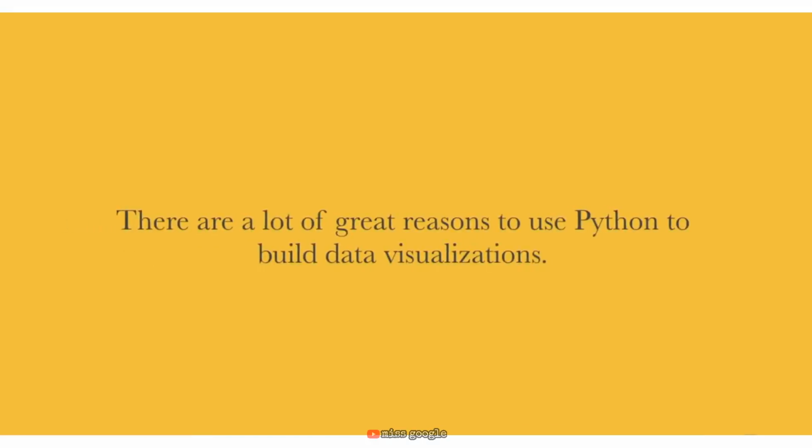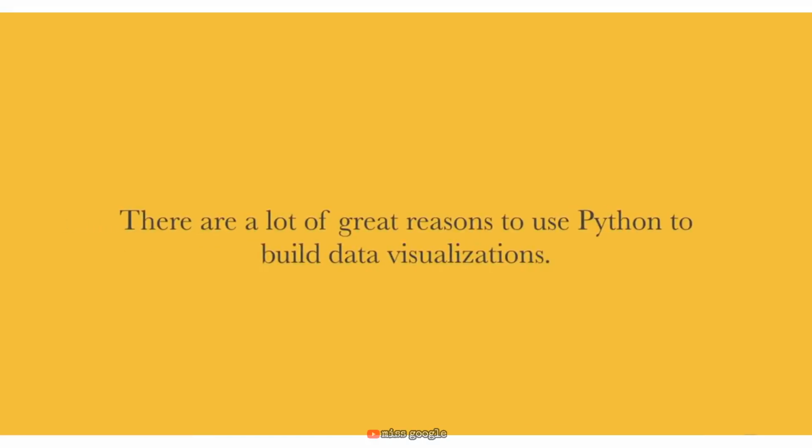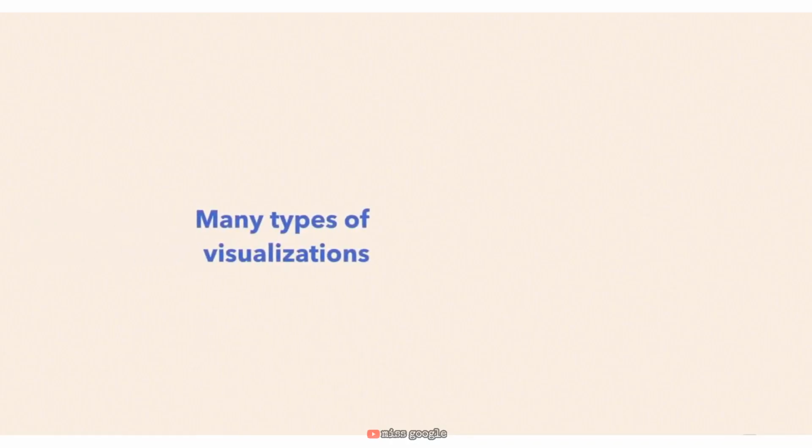There are a lot of great reasons to use a programming language like Python to build data visualizations. First, there are a lot of different types of visualizations you can make, including box plots, bar graphs, line graphs, histograms, etc. Second, using a programming language to build the data visualization allows you to quickly iterate and improve on a visualization, as well as try out many different visualizations.